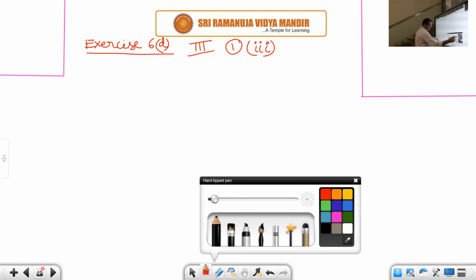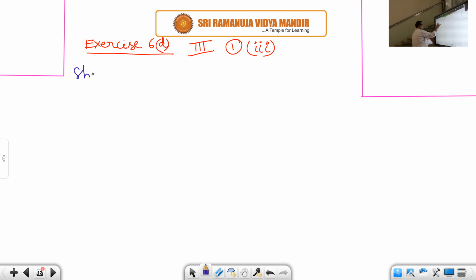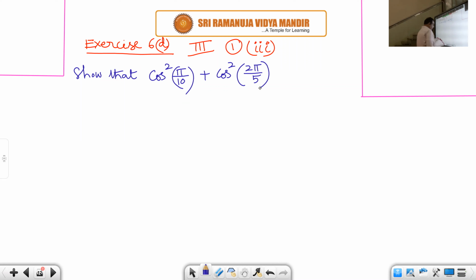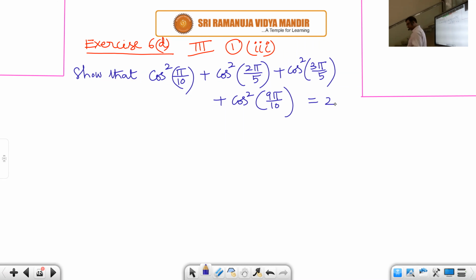Okay, so the question is, show that cos square pi by 10 plus cos square 2 pi by 5 plus cos square 3 pi by 5 plus cos square 9 pi by 10 is equal to 2.